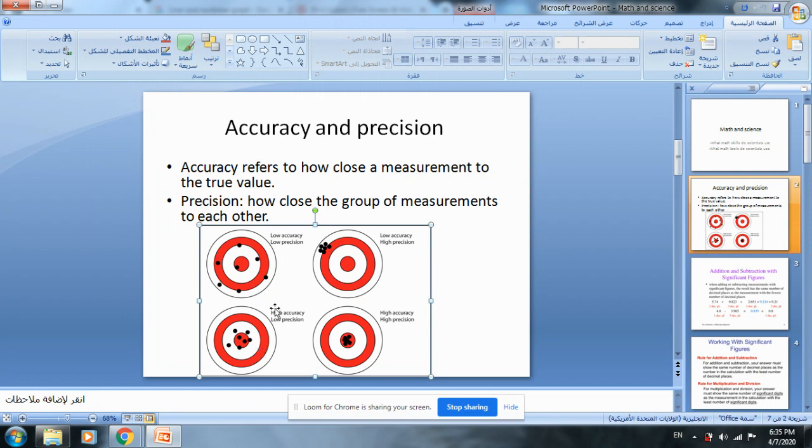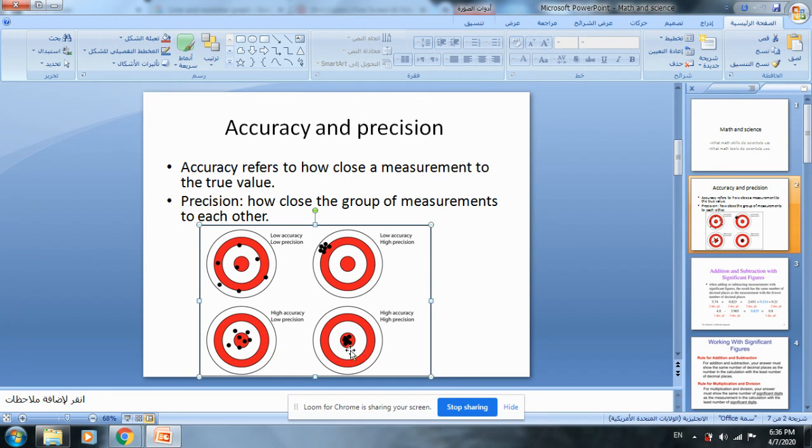In this figure, we have high accuracy, low precision. Why high accuracy? Because the measurements are close to the true value. Close, not exact, but they are close to the true value. But low precision here because the measurements are not grouped together like here and here. In this figure here, we have high accuracy, high precision. Why?